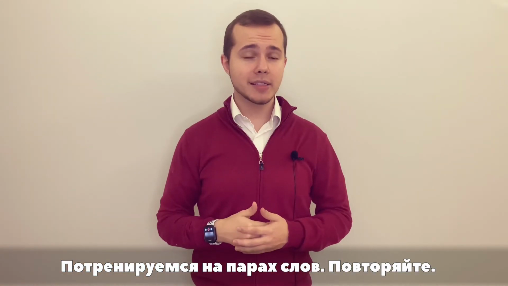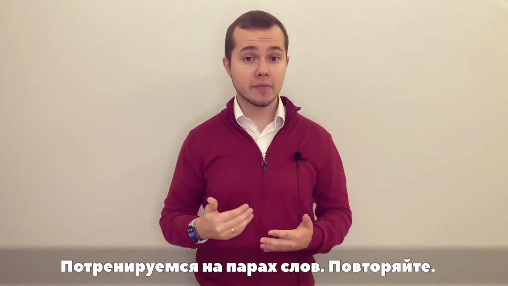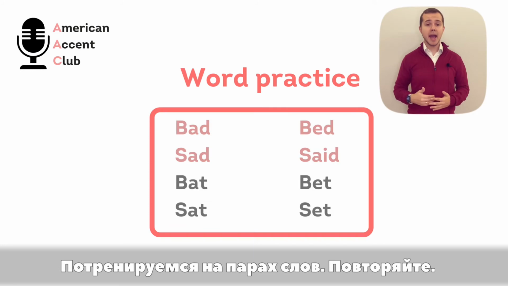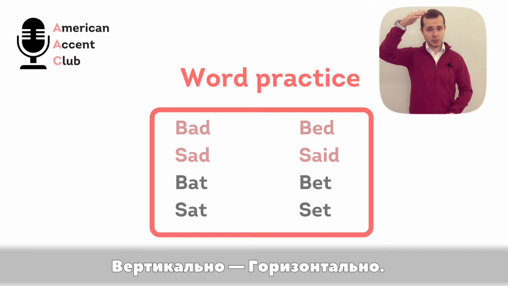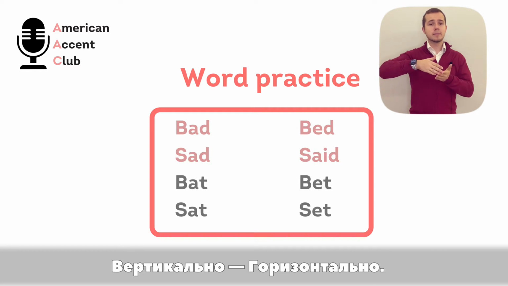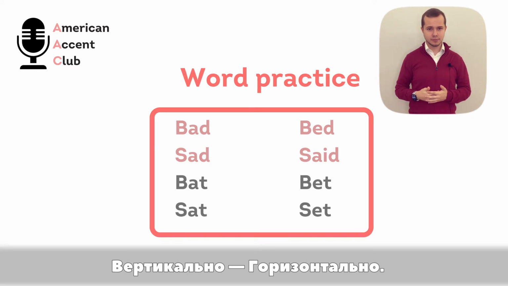Okay, let's practice the words. Repeat the pairs after me. Bad, bed. So vertical, horizontal. Bad, bed. Sad, said.